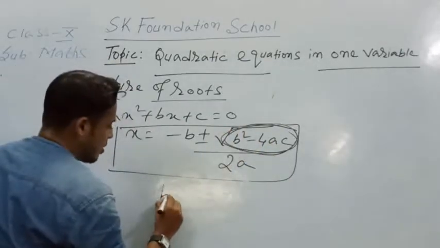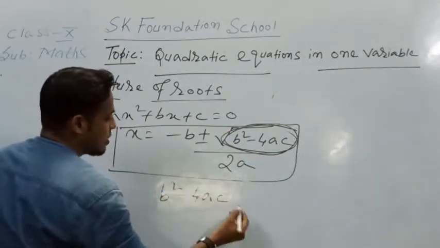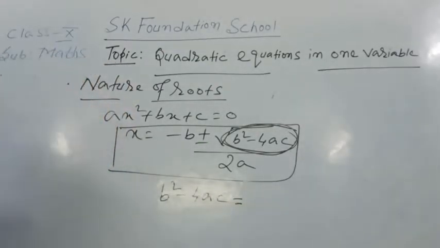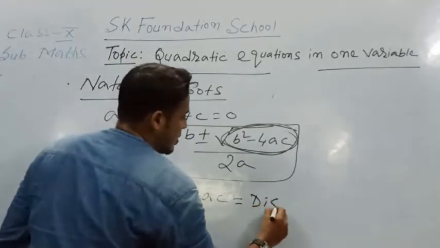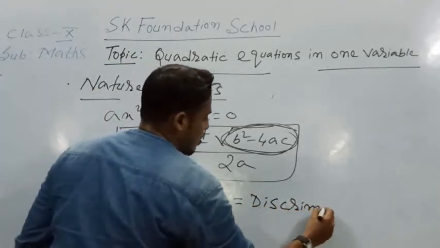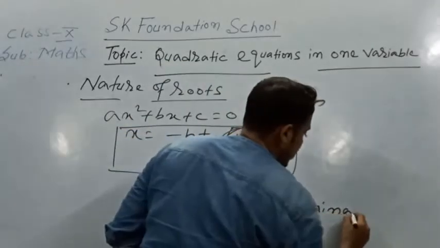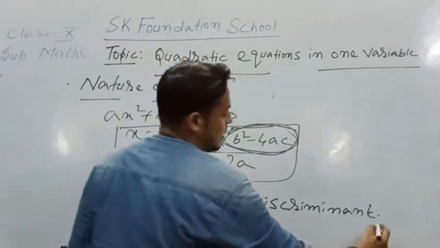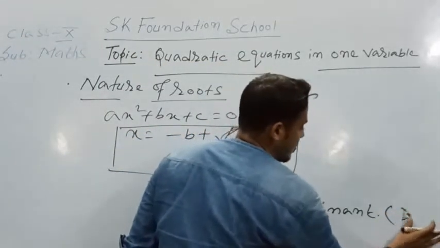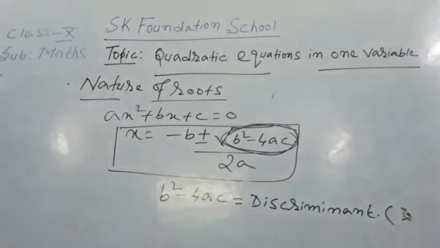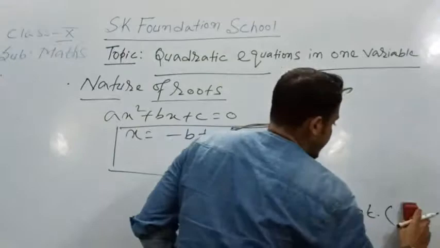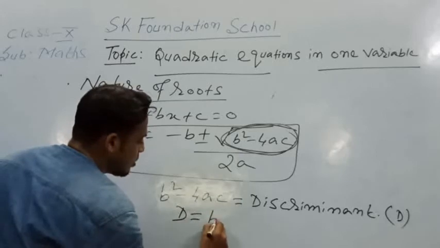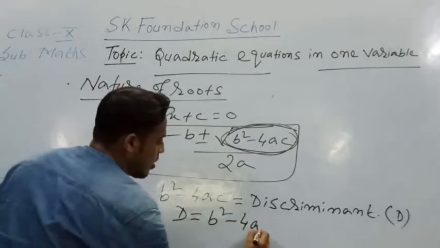This part is called the discriminant. It is denoted by D. So you can write D equals b square minus 4ac.